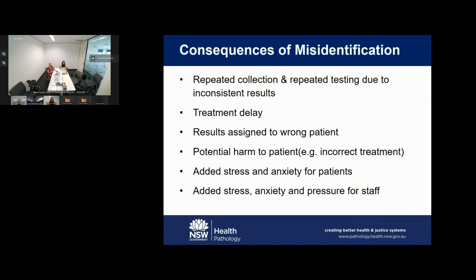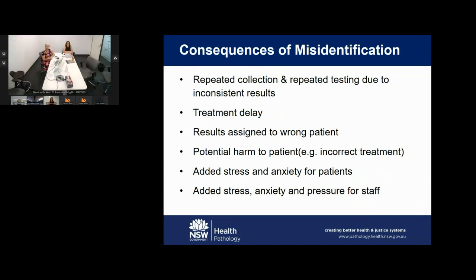And as we've spoken about, there are consequences of misidentification, and that, as we've said in the previous slides, is the potential harm to the patient, the incorrect treatment, a wrong result being assigned to that patient, and then the anxiety, obviously, of having to recollect or repeat that collection and analysis, and that's the only course of action if it's identified.